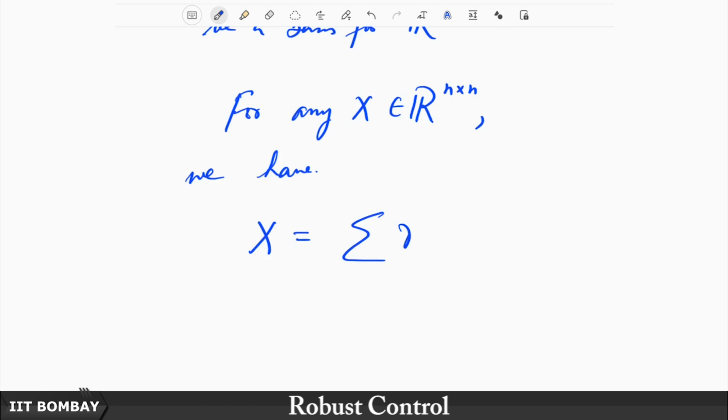So, gamma ij E ij, double summation. I could have written this with the same index and a single summation, just using both the indices. It is just a matter of notation, matter of taste.